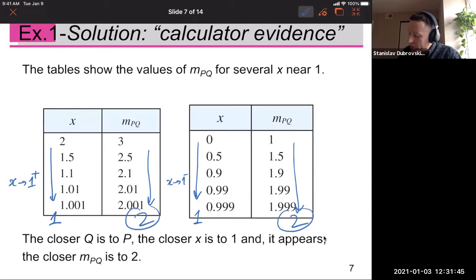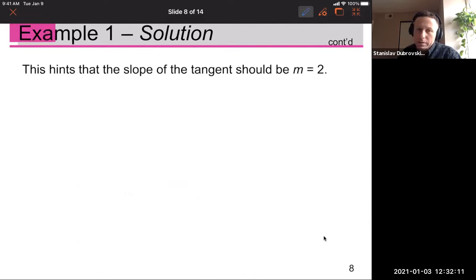So we can write that m, which should be the value approximately equal to mPQ, as Q tends to P, seems to be getting closer and closer to 2.